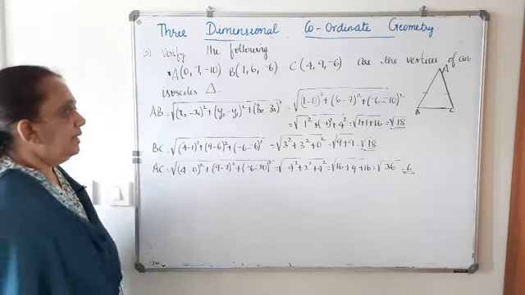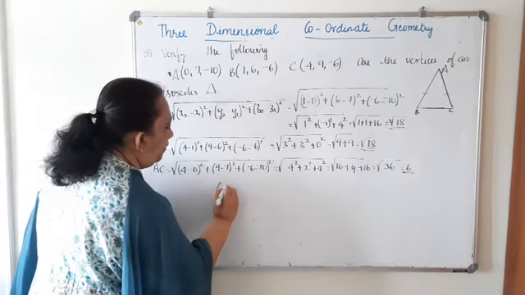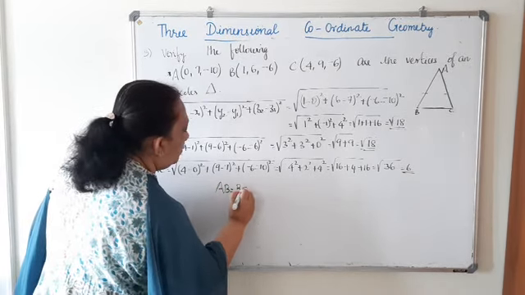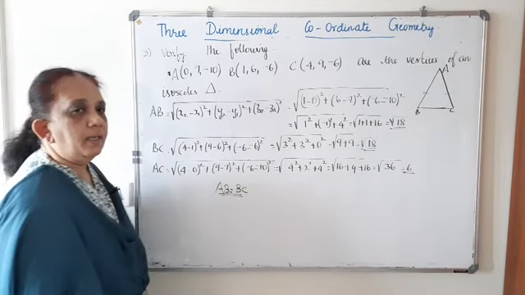So in this case we can say that length of AB is equal to length of BC. AB is equal to BC.